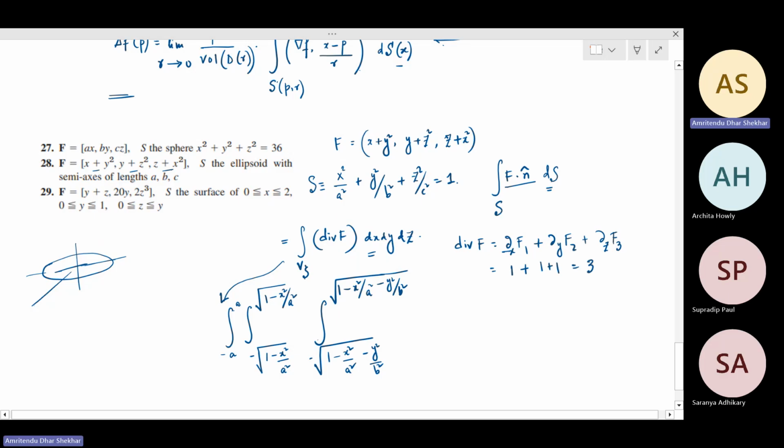So this is equal to 3 times dz dy dx. And if we just write it down, then this is just equal to 3 times the volume of this ellipsoid. Okay. So this is how the divergence theorem helps you.